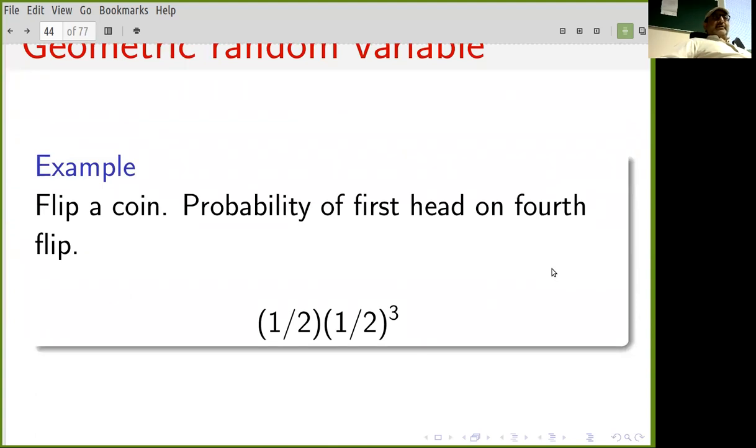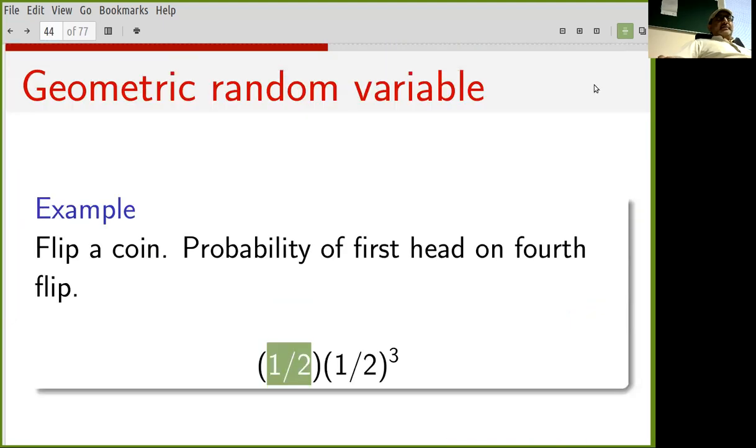Flip a coin. What's the probability of a 1st head on the 4th flip? Well, you have to have tail, tail, tail, so 1/2 to the 3, times a head, which has probability 1/2 on the 4th attempt.